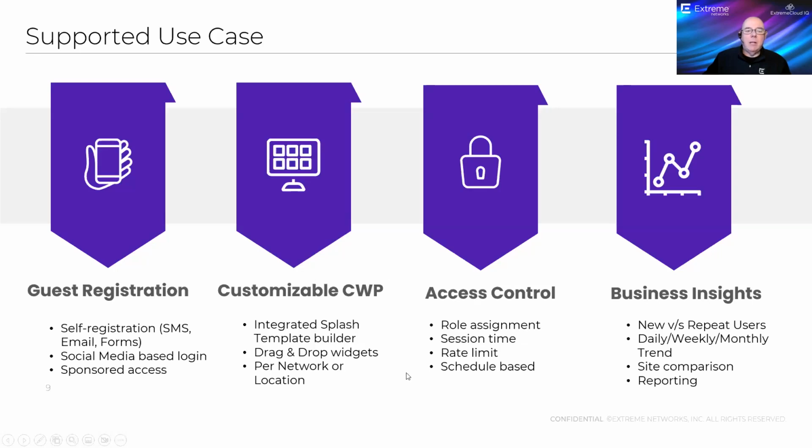Then you can do things like session time, rate limits, and schedule-based access based on how that customer comes in. And you can gain business insights, weekly reporting, weekly and monthly trends, and see how many users have been on my network this week as opposed to the same week a year ago. You can go back and look at historical data and find out how many people are on there.